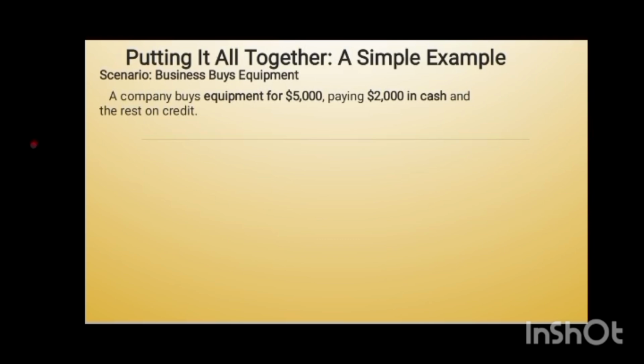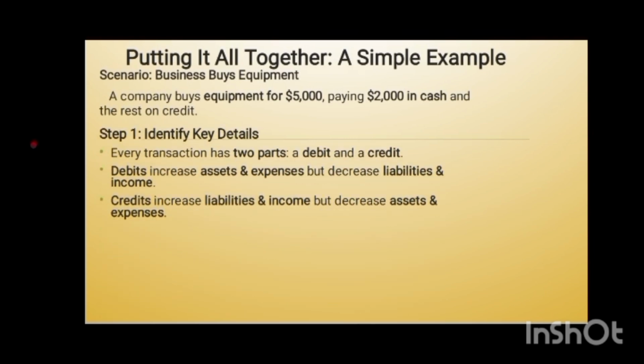Here we will have two types of entries. One entry will show the cash that we have paid, and another entry will show the amount that is left on credit. Okay, and the third entry will be for the equipment that we have got. So let's see how we will post this entry.